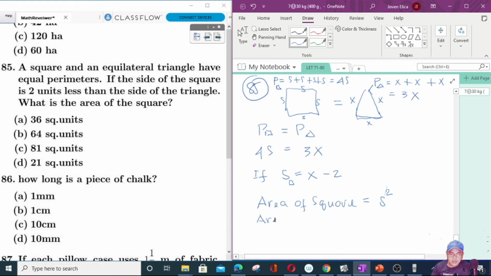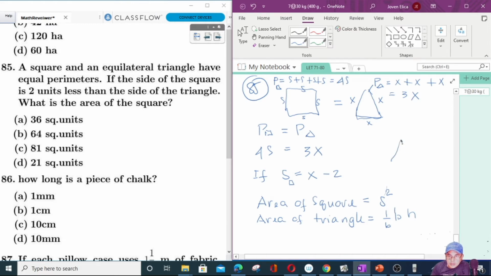And we all know that the area of a triangle is 1/2 base times the height.